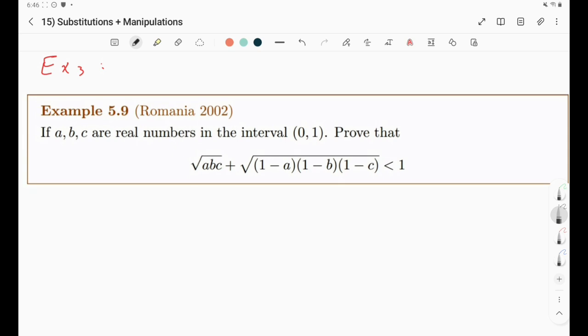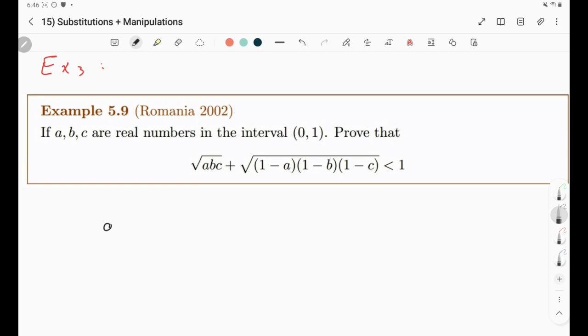Alright, so for the substitution, since we know the numbers are between 0 and 1, what does this remind you of? Do you know some quantity that's always less than 1 and greater than 0? Well, there are the trig functions, right? The sine and cosine are all between -1 and 1. If you restrict the angle, you can make it between 0 and 1.